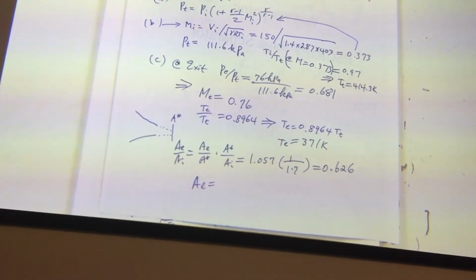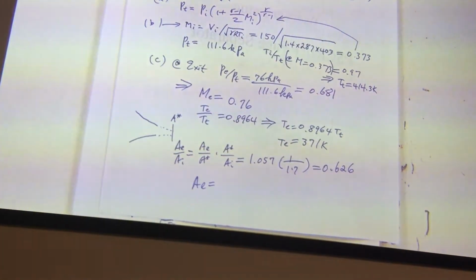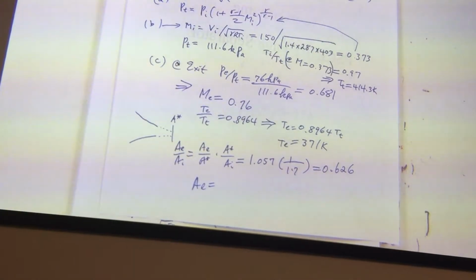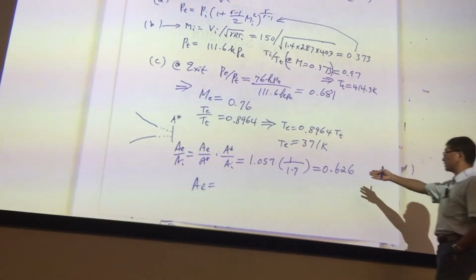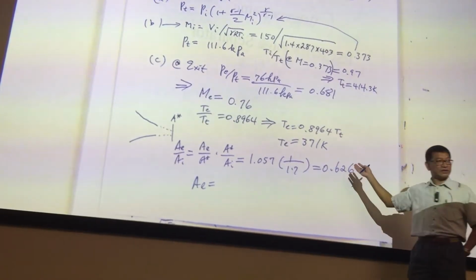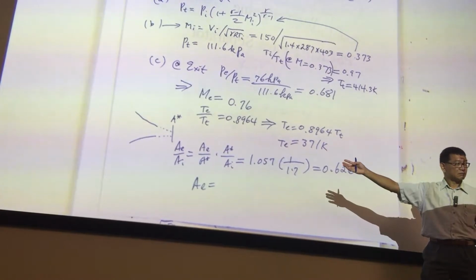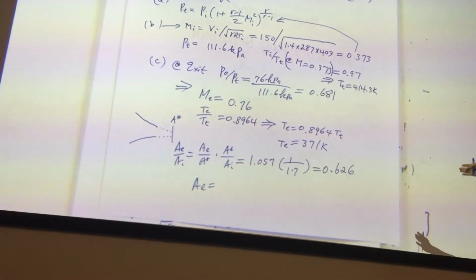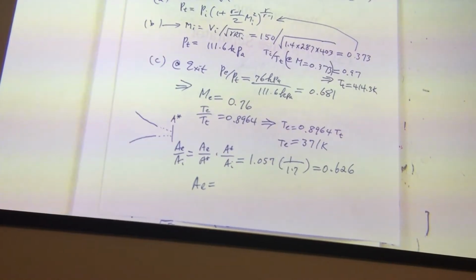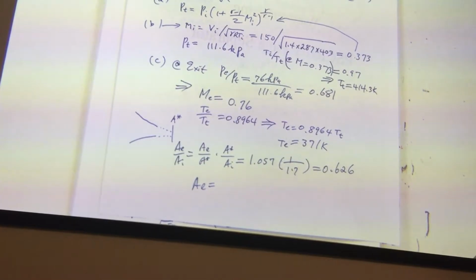Now, what I was doing there was, remember originally in the problem, it was not choked, and you calculate AE. So your AE is 62.6% of your inlet. So now I turn around and I said that, now with that geometry, if I lower the pressure low enough, then this AE becomes A star, right?